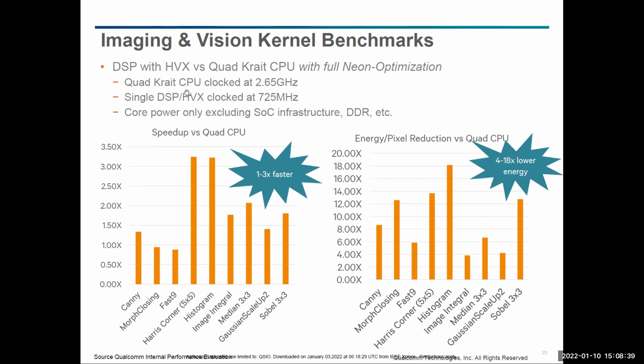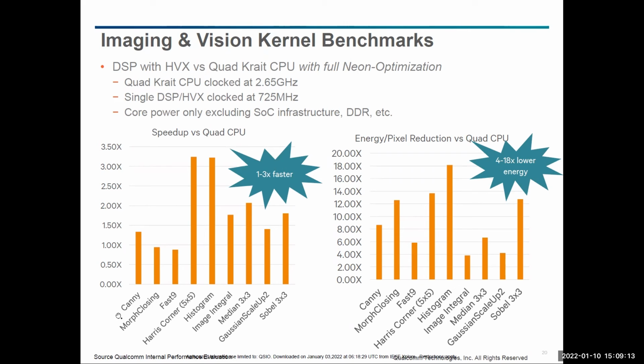The quad-core Krait CPU is clocked for this experiment at 2.65 gigahertz, whereas the DSP with HVX is clocked at 725 megahertz. For power computation, we are taking into account only the DSP power. The core power excludes the data bus power or the DDR power. All those powers are excluded, and only the power requirements of the respective processors are taken into account over here.